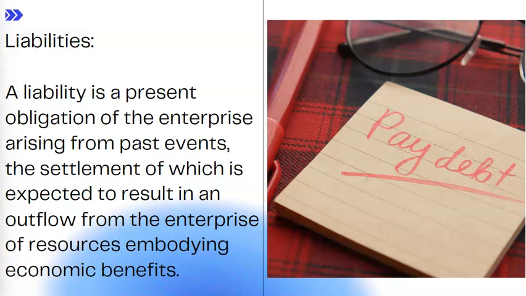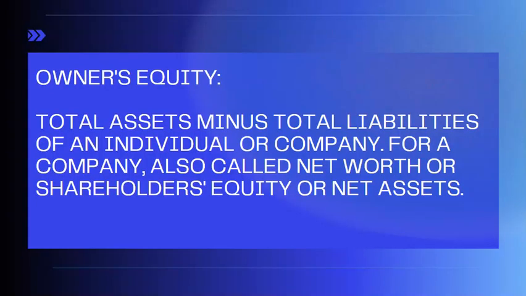A liability is a present obligation of the enterprise arising from past events, the settlement of which is expected to result in an outflow from the enterprise of resources embodying economic benefits. Equity is total assets minus total liabilities of an individual or company. For a company, it is also called net worth or shareholders' equity or net assets.